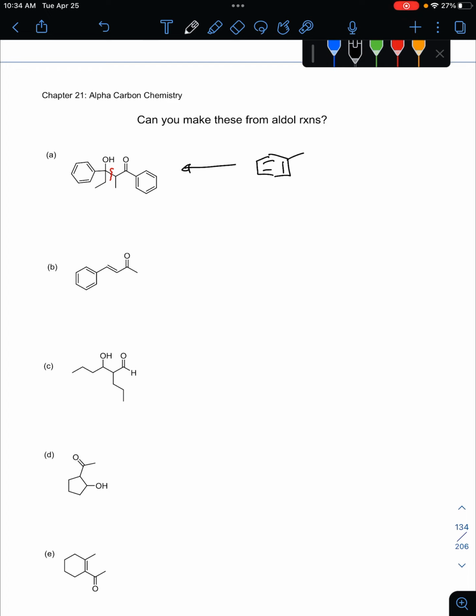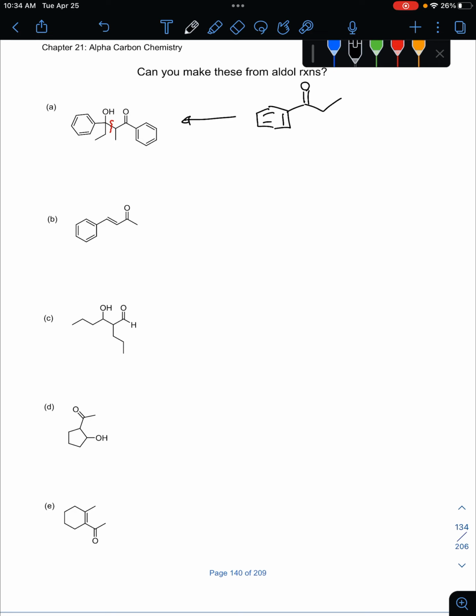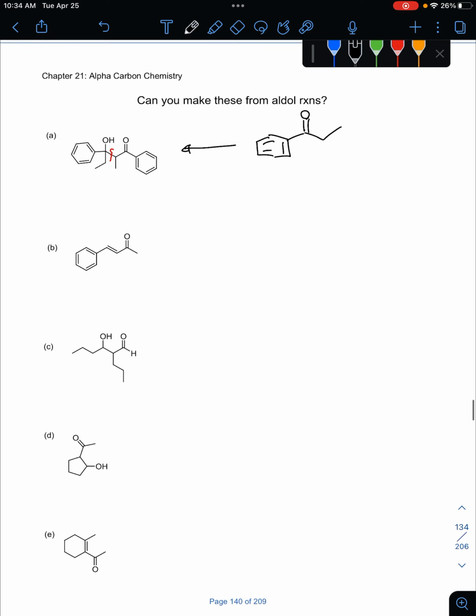Okay, so the first problem here, we should be able to make this rather simply from a self aldol addition reaction. So it would be just this ketone, and that would do that. Maybe we'll quickly go over the abbreviated mechanism. This would be the enolate we're expecting.